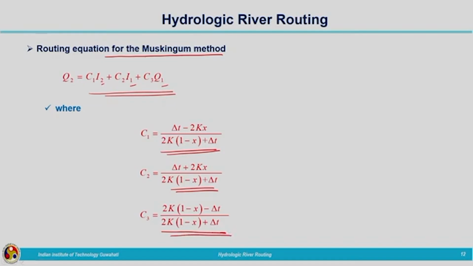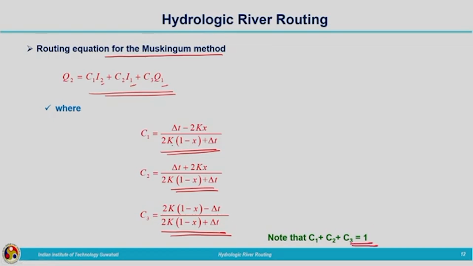You can observe these coefficients C1, C2, C3 carefully. In all these cases, we have arranged the terms in such a way that the denominator is the same. The denominator is 2k(1 minus x) plus delta t. If you take the sum of C1, C2 and C3, it will come out to be 1.